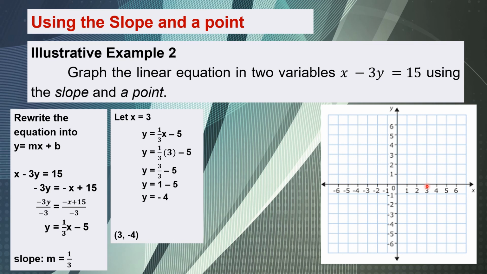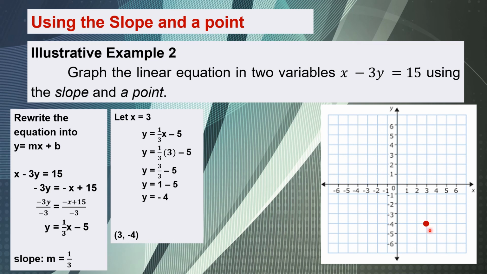And then, yung negative 4 ay kailangan nating tignan sa y-axis. So, yung negative 4 ay andito. So, itatapat natin yung point sa positive 3 at negative 4 ng ating y-axis. So, andito yung ating point.